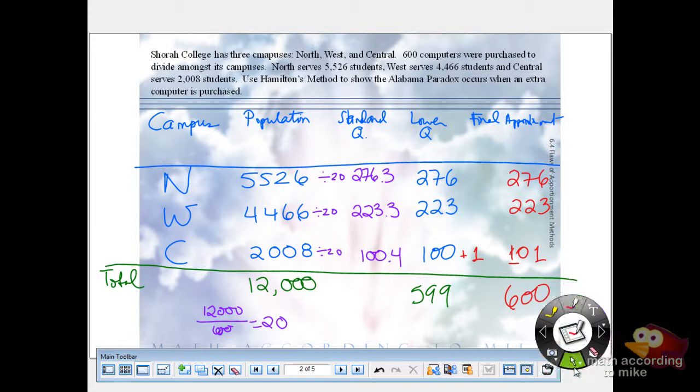All right, phase 2. So I'll say campus. There's supposed to be a P in there. There it is. We got population, standard, lower, final.